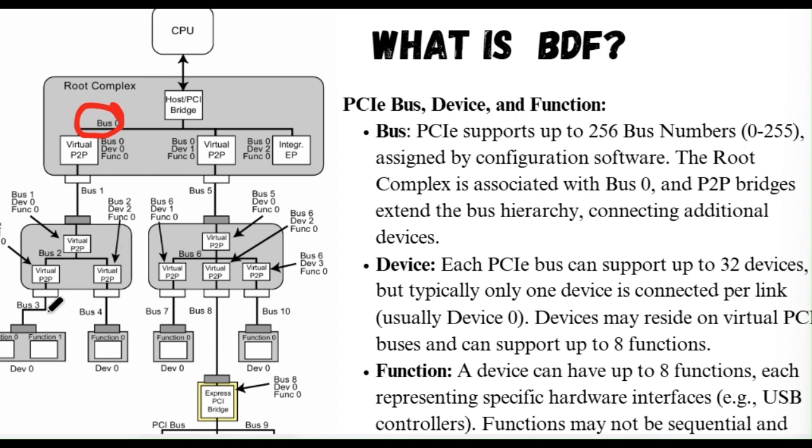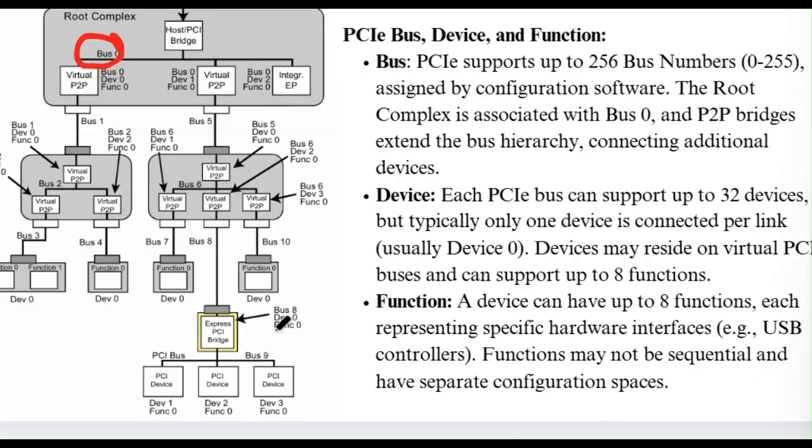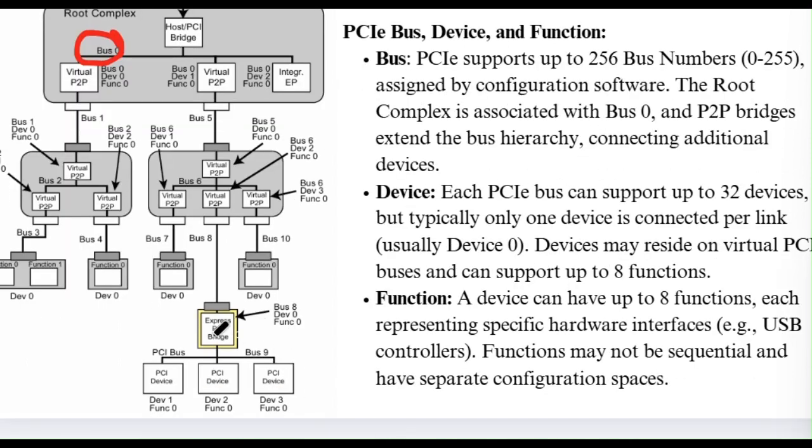Here is bus 3, and this is bus 4, because we are using the depth first search rule. And here is bus 5, bus 6, bus 7, bus 8, and here is bus 9, and here is bus 10.